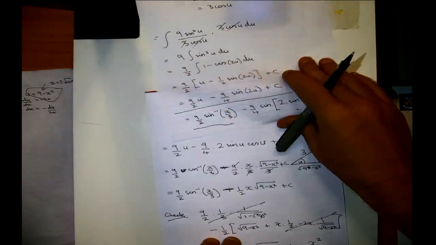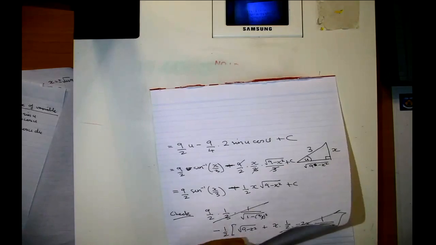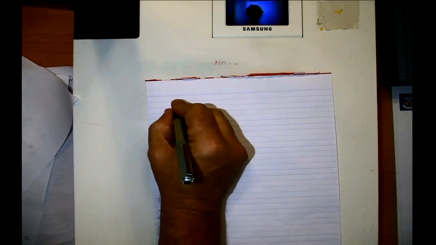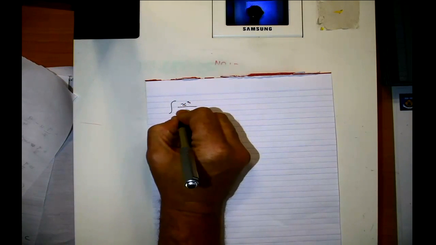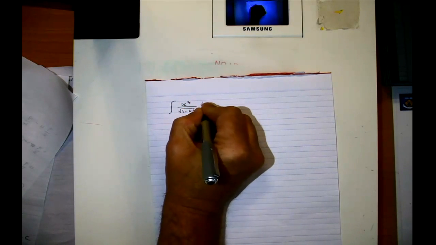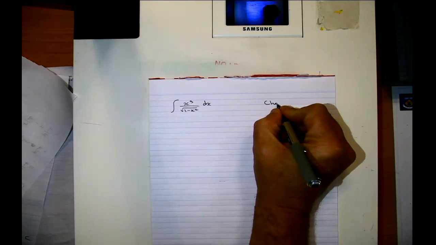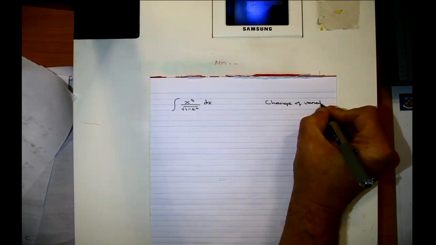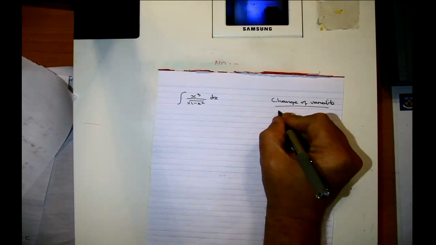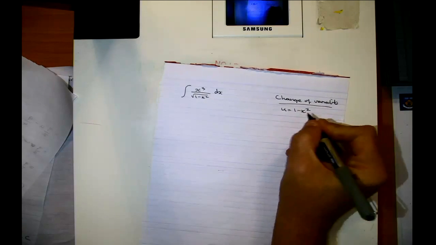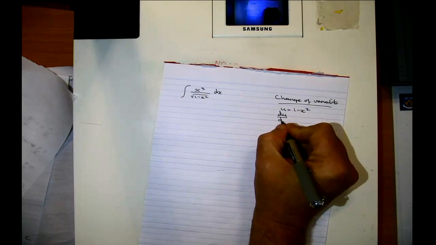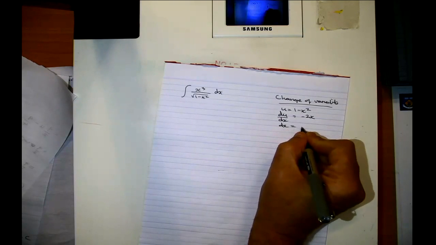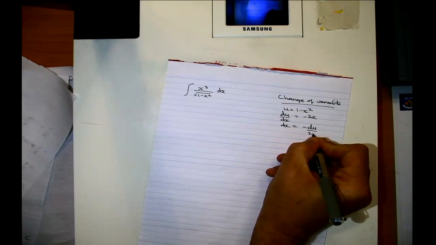Just to convince you, you get the same answer. Let's do it. Now if I let u equal 1 minus x squared, du on dx is minus 2x, so dx is minus du on 2x.